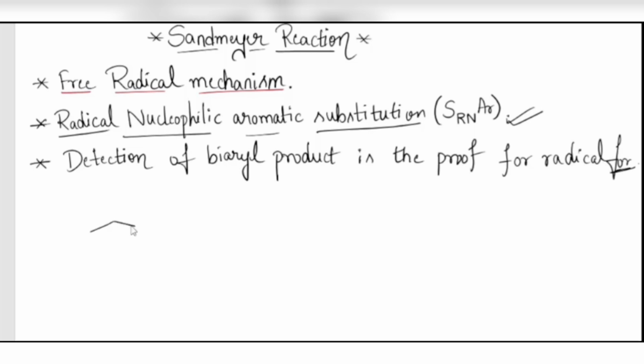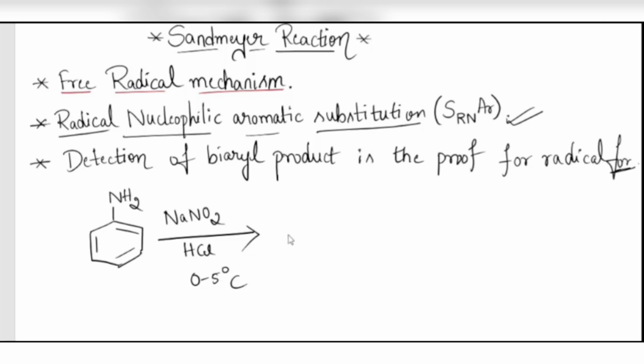Actually, in the Sandmeyer reaction, the basic reactant we will be taking is aniline or substituted aniline, and we treat it with sodium nitrite and dilute HCl at 0 to 5 degrees Celsius, and we end up with diazonium salts.